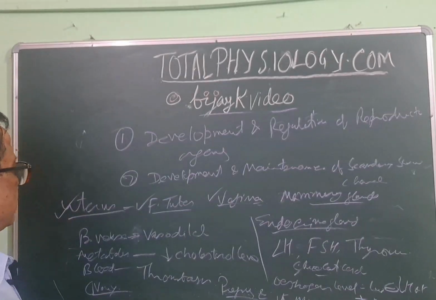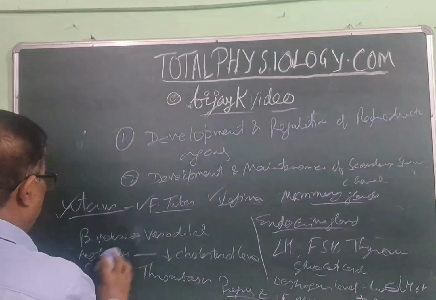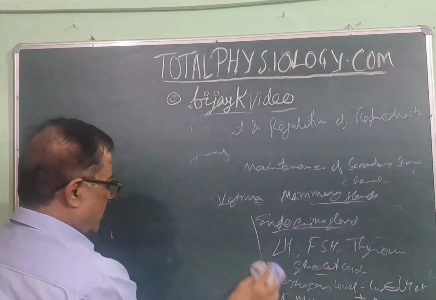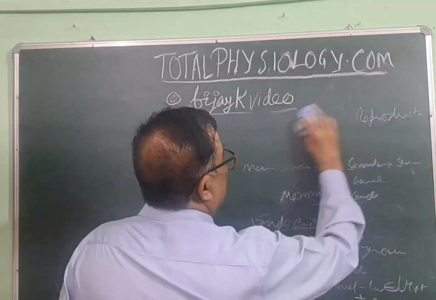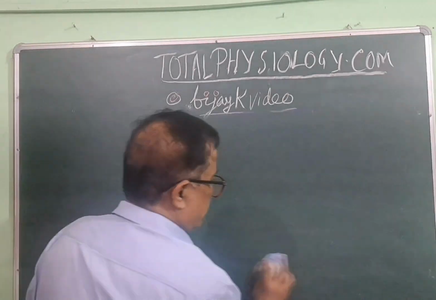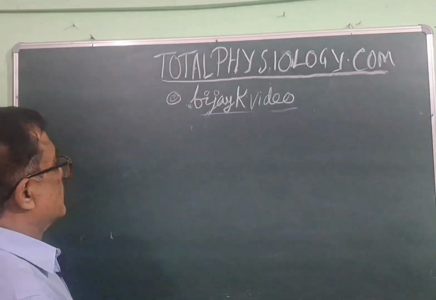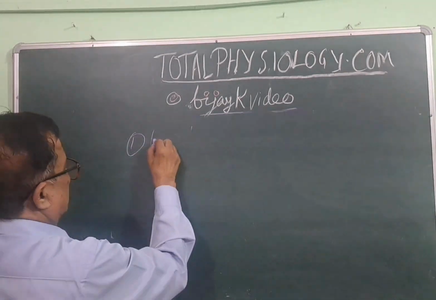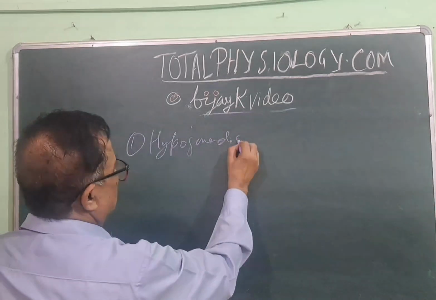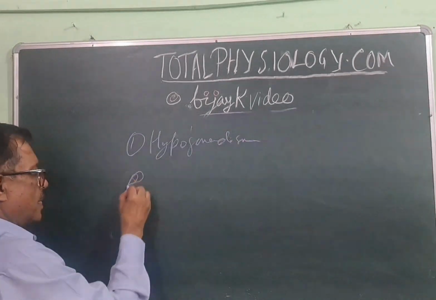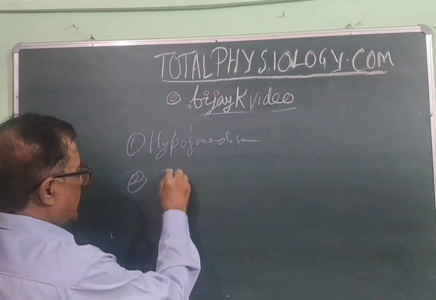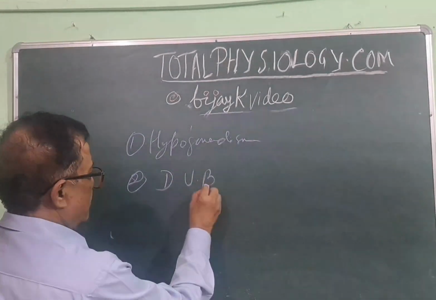Now coming to its clinical use. What are the clinical uses? Number one is hypogonadism. Number two, dysfunctional uterine bleeding.